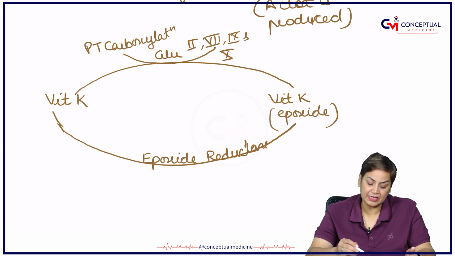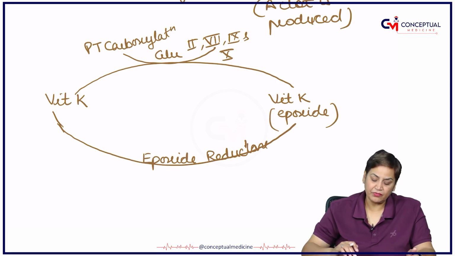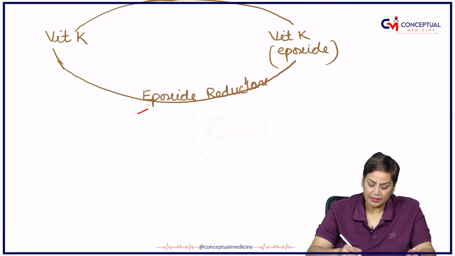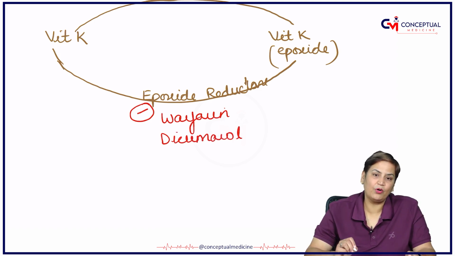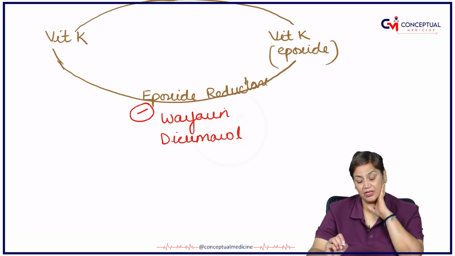And now what happens here is warfarin and dicumarol. Warfarin and dicumarol are the inhibitors of epoxide reductase. This is again a very, very important application.